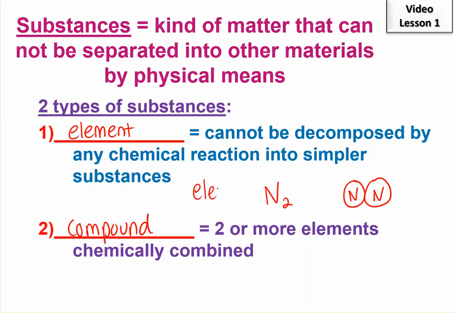This is an element, because there's only one element present, nitrogen. In order to be a compound, you have to have 2 or more elements present. This is called nitric oxide, is the short name for this. Nitrogen oxide would be an IUPAC name. Anyway, so this one is a compound because there's 2 elements.